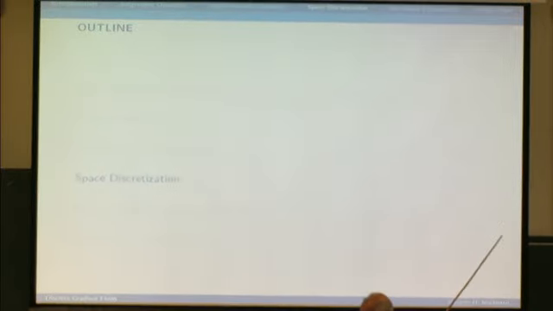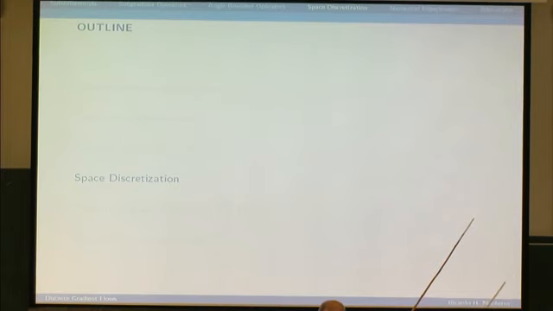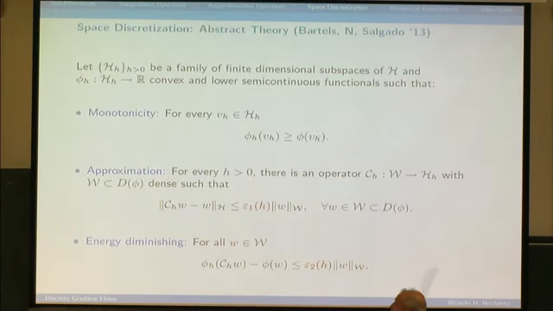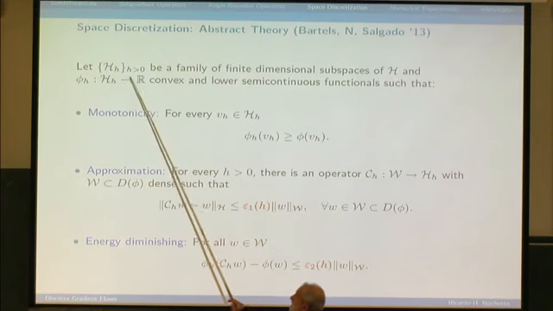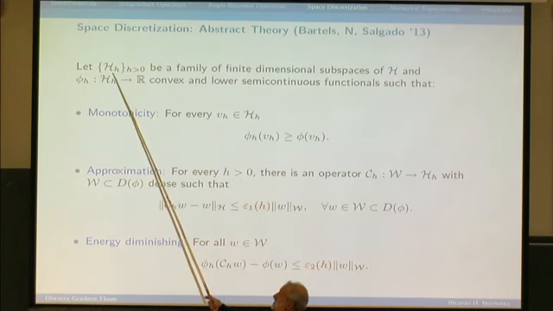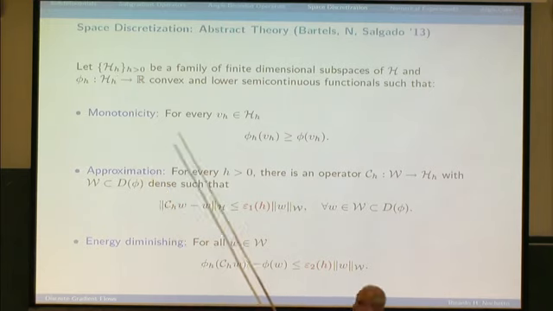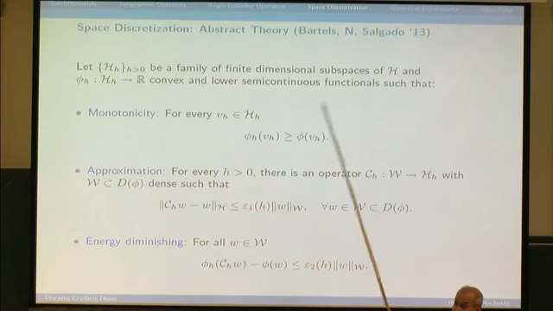Now, space discretization. Here I'm going to explain this abstractly. Let me assume that now I have in space an approximation of our Hilbert space, which I call H sub h. h is a parameter like the mesh size. This is a finite dimensional subspace.